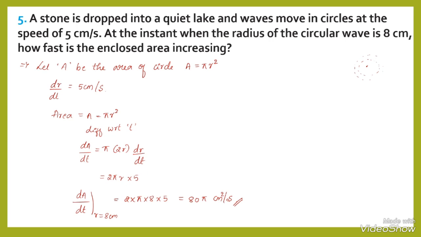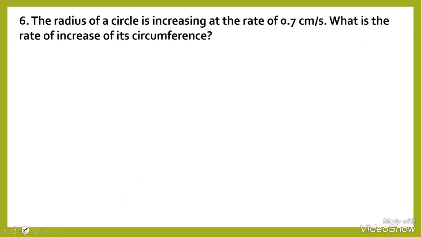Okay. Now let's move on to the next problem. That is, the radius of a circle is increasing at the rate of 0.7 centimeter per second. What is the rate of change of its circumference? Here, first there is a circle. Roughly, I am taking the circle.